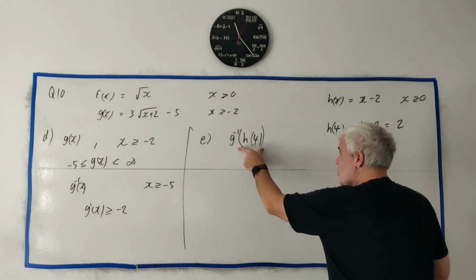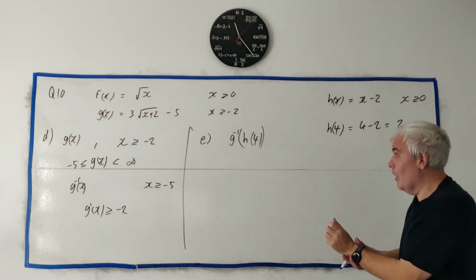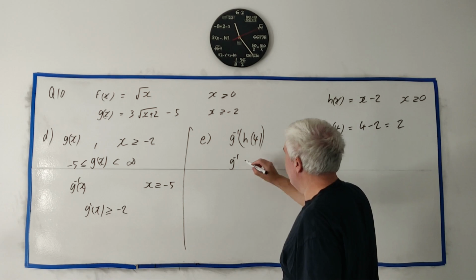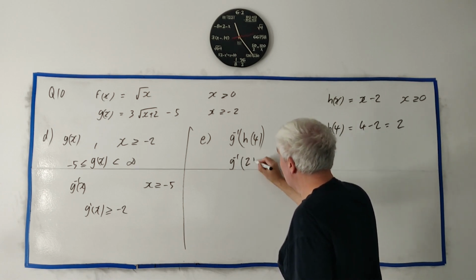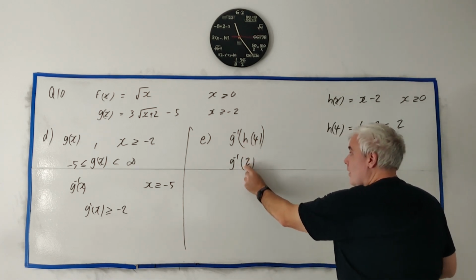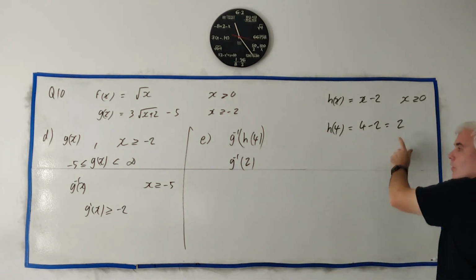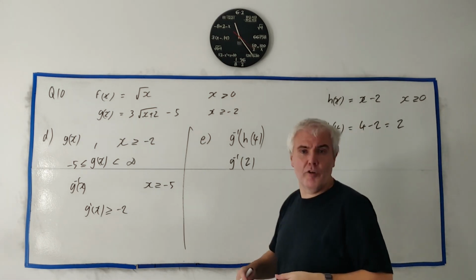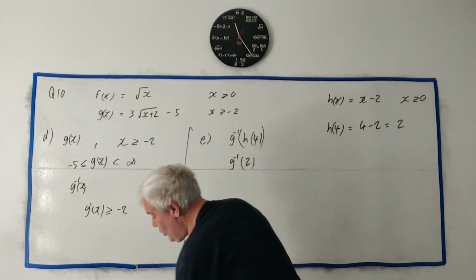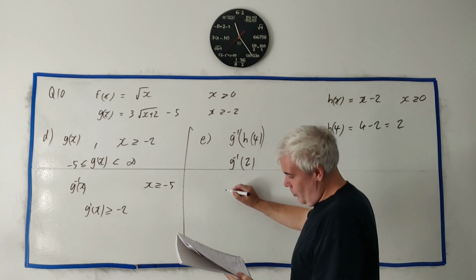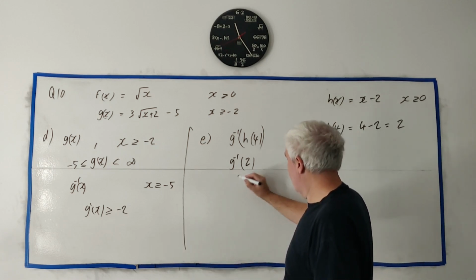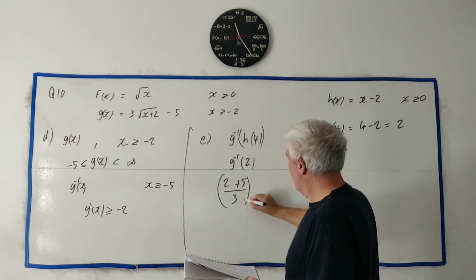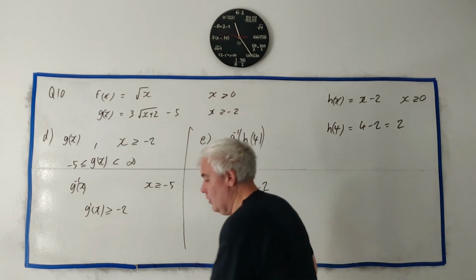So instead of the question they gave us, this is why we can do it with just 1 mark. This is identical to the inverse of g of 2. Instead of h4, it's just 2. h4 is equal to 2. And this is just equal to, I've rubbed off the function, haven't I? I better go to my notes. This is just equal to x, in this case 2, plus 5 over 3 squared minus 2.